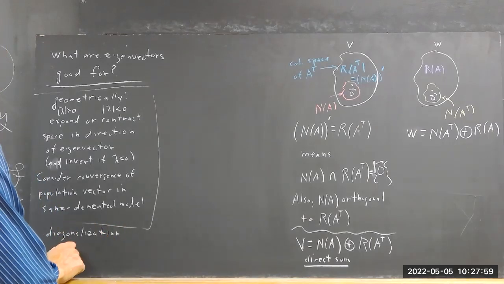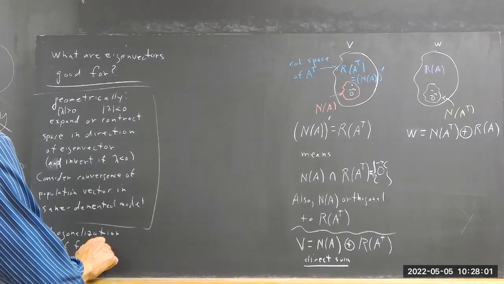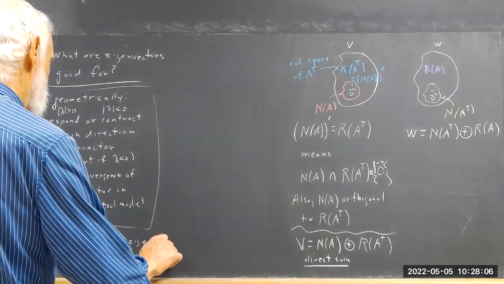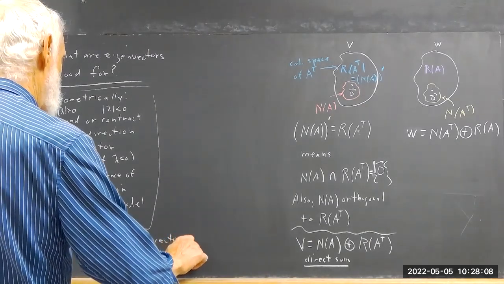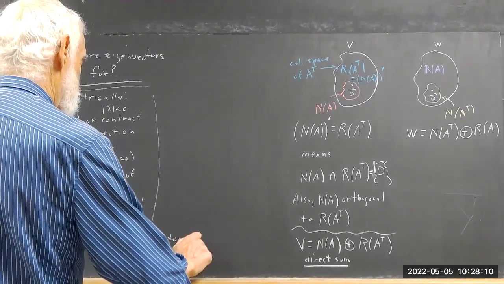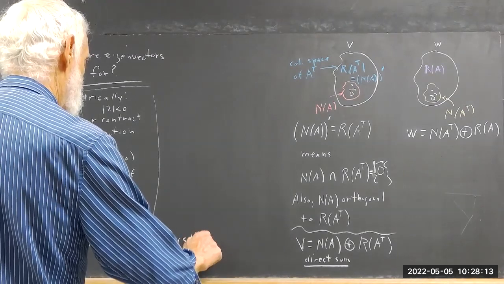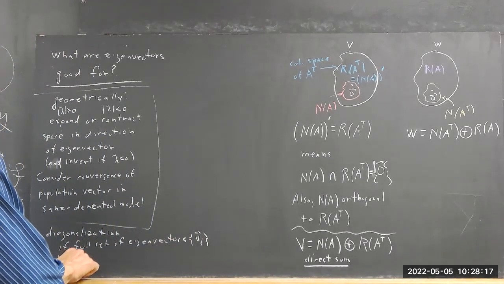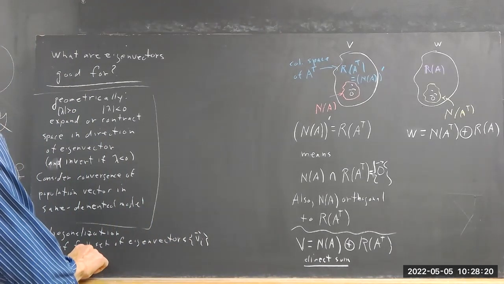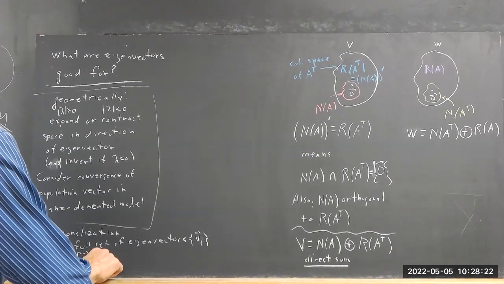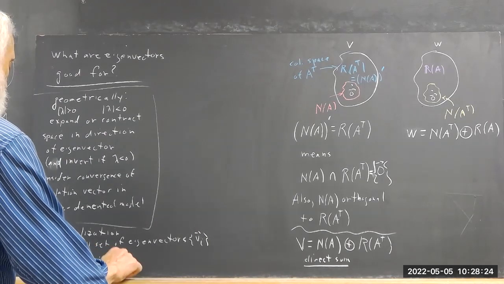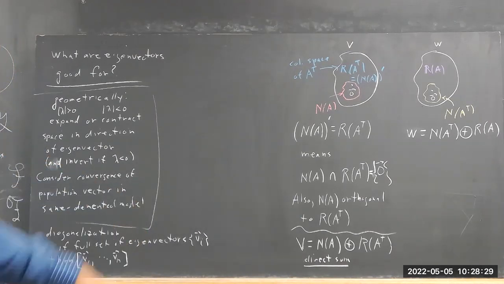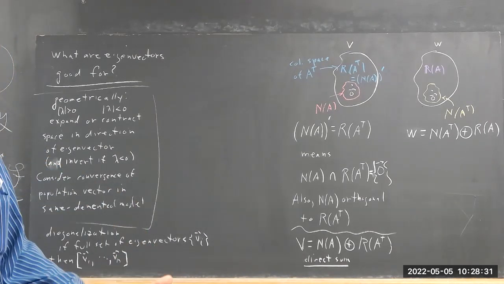It's worth writing if you have a full set. And the matrix consisting of those columns is your P matrix, okay?